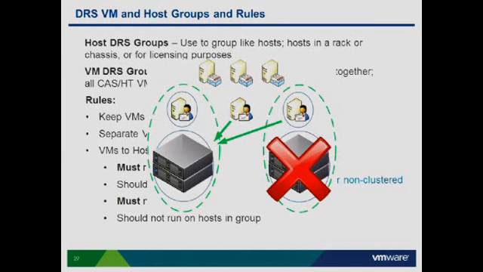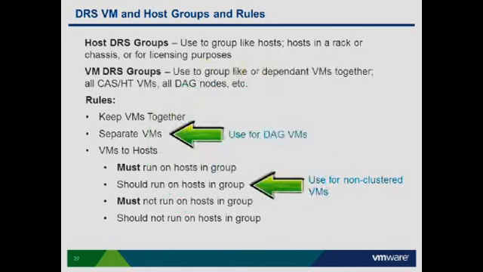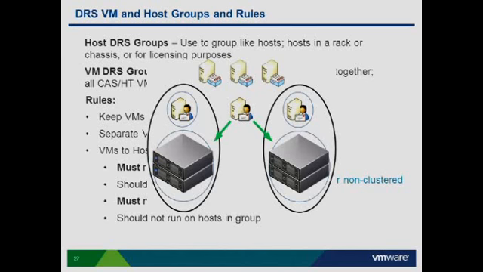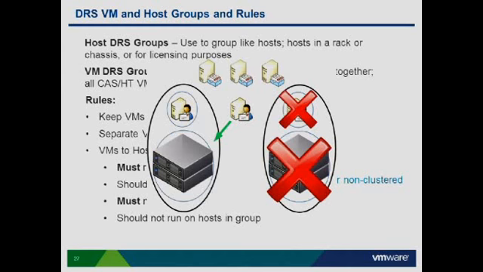When we fix whatever happened on the right, DRS will come back in and move that VM back over to where it should be. If we had a must-run rule, come failure time, we're just not going to power that VM on because none of the hosts that it must run on are still up and running.